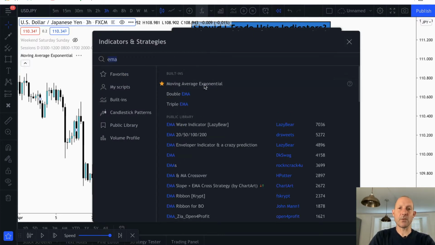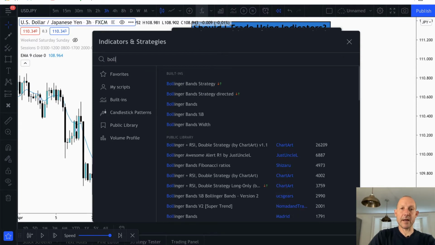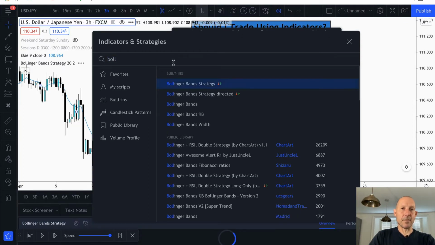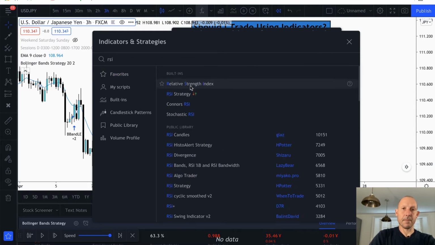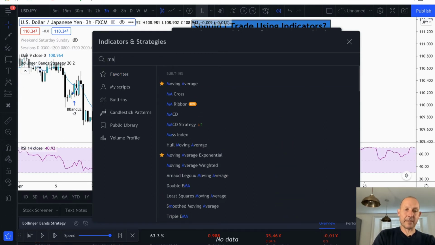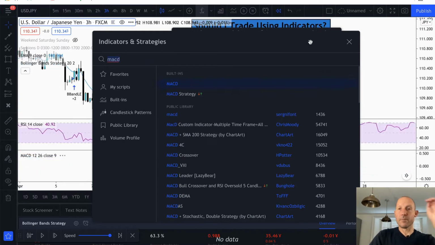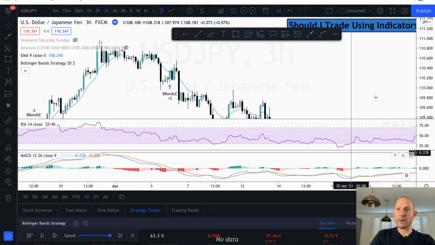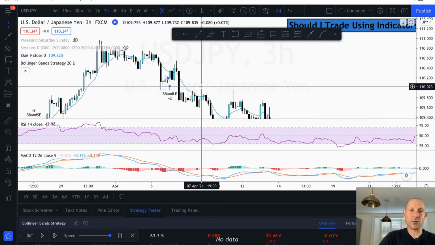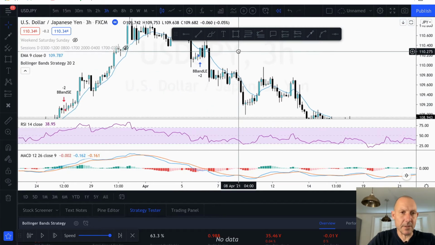So let's just say you want a moving average. Let's just say you want Bollinger Bands. What else have we got? RSI. Let's have the MACD. Let's just put those on for now. Now, basically how it works, all of these, I don't know what happened to the Bollinger Bands.